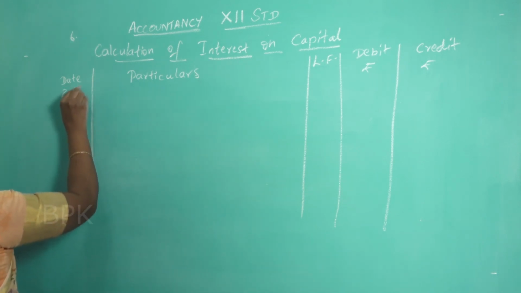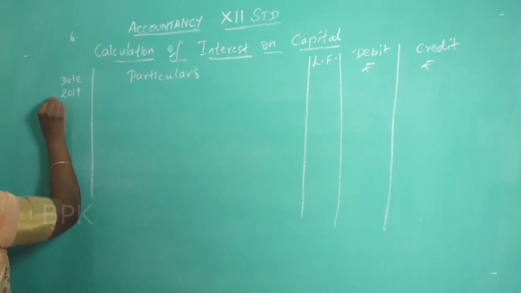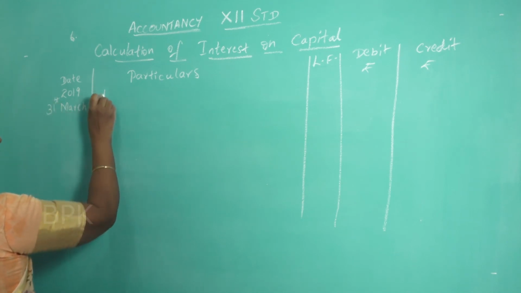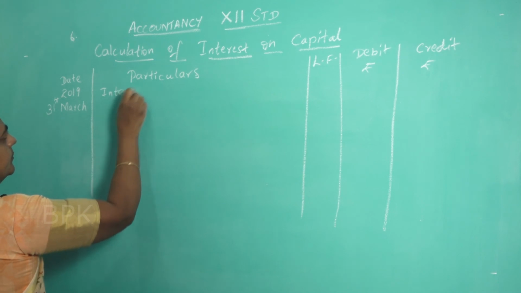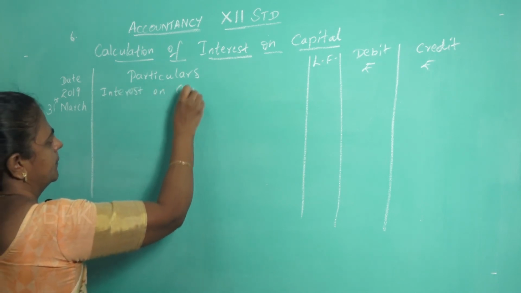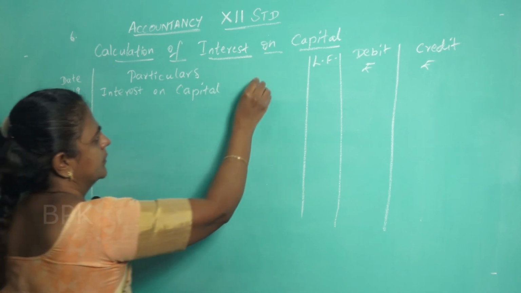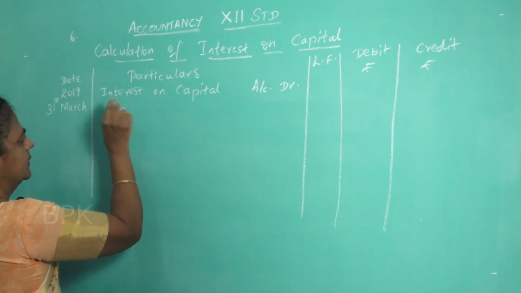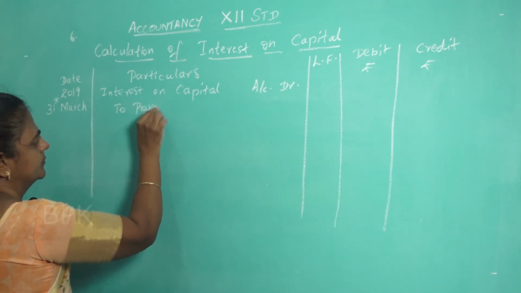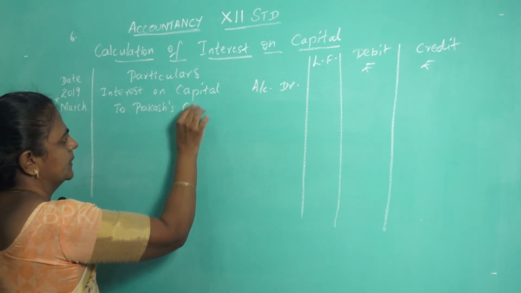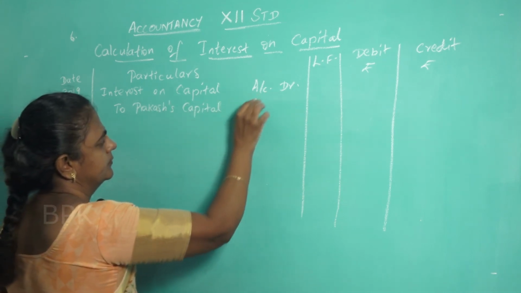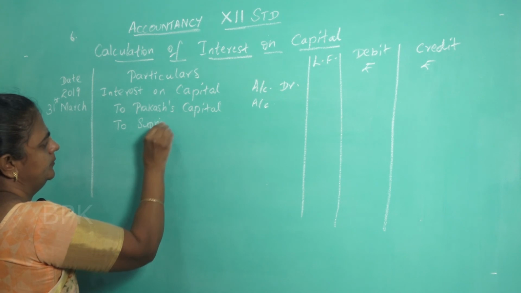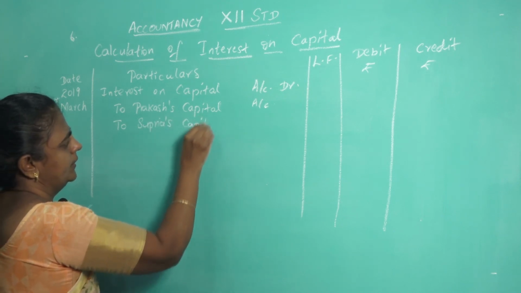2019, 31st March. So you must write like this: Interest on capital account debit, to Prakash's capital account, to Supriya's capital account.